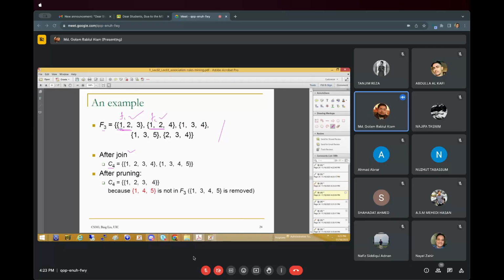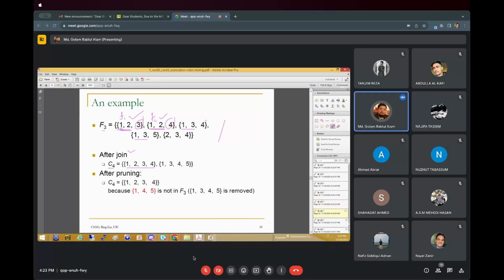We can join because the last element here is a 3 and here is a 4. That means for F1, the last element I k is less than I prime k, so we can join these two. After joining, we will get 1, 2, 3, 4. Now here is 1, 3, and here is also 1, 3.